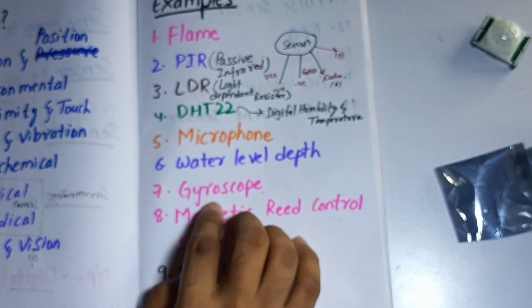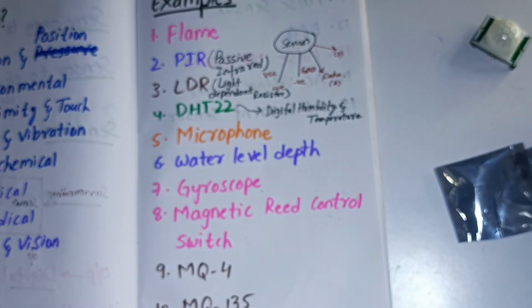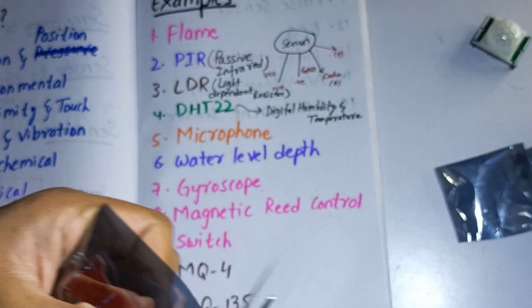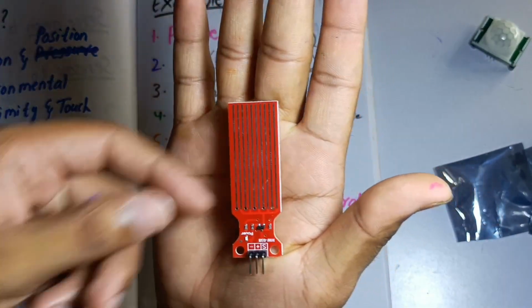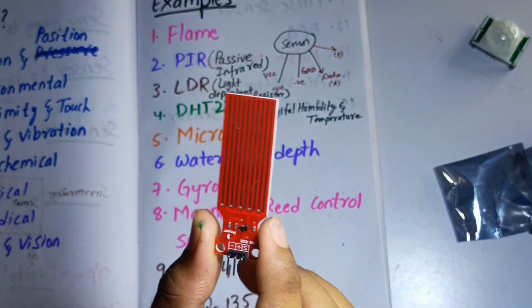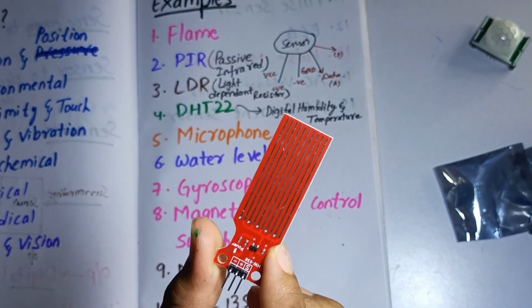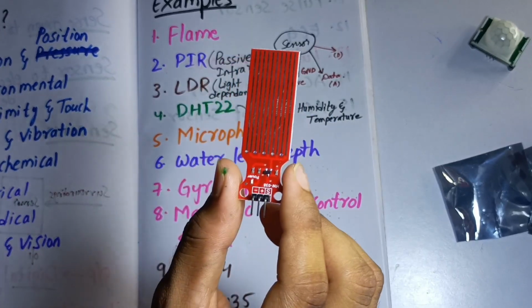Coming to the next one, water level depth sensor. This is water level depth sensor. This sensor is basically used to measure the level of the water. This can be used in smart tanks.